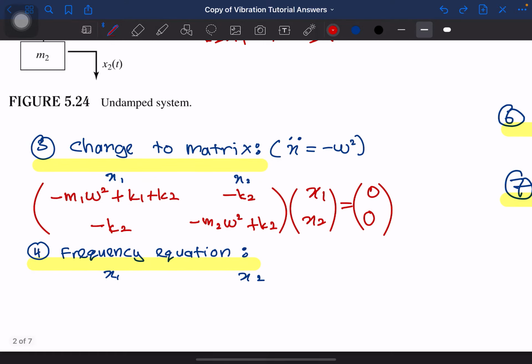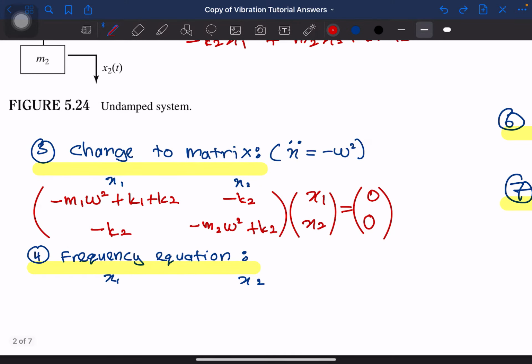So now how are we going to solve it from here? I'm going to change it into a determinant form, which we call the frequency equation form. So just copy back everything that you see over here.